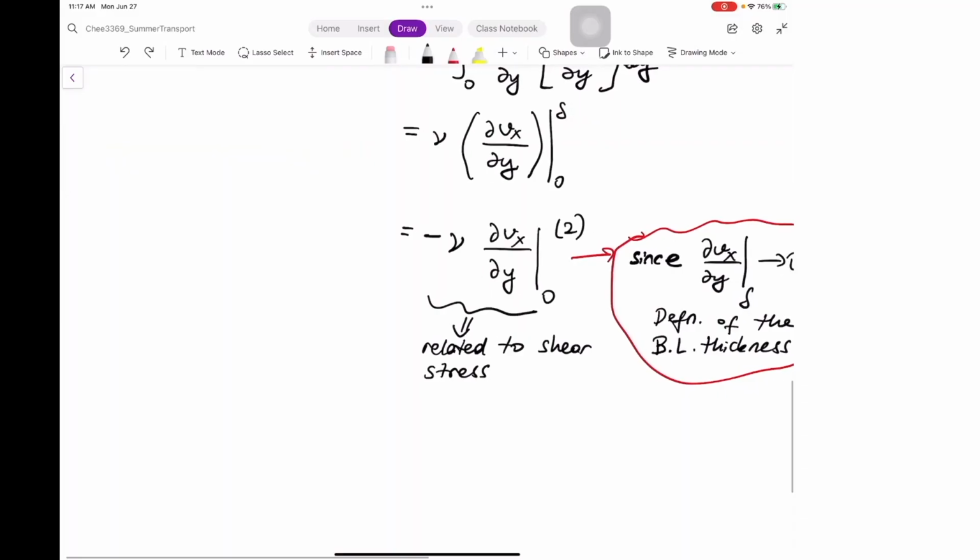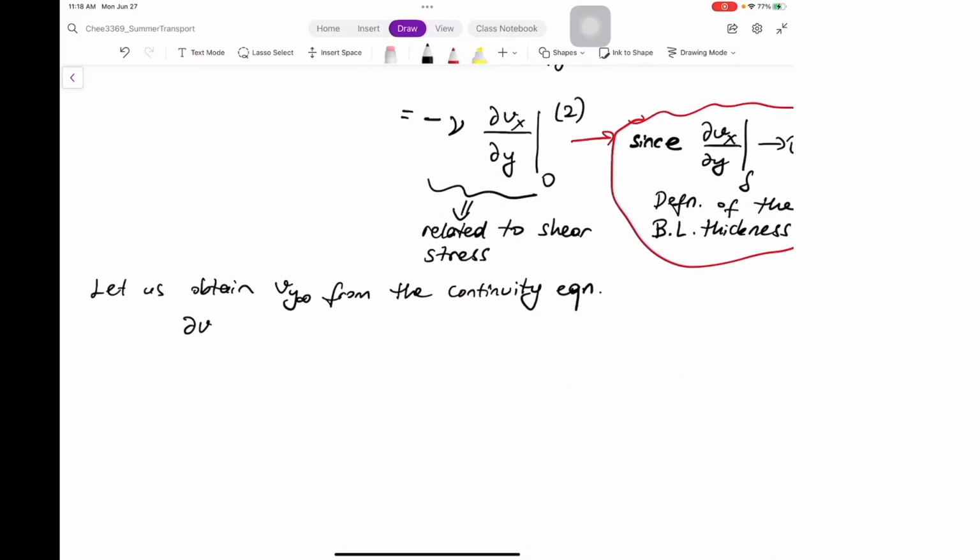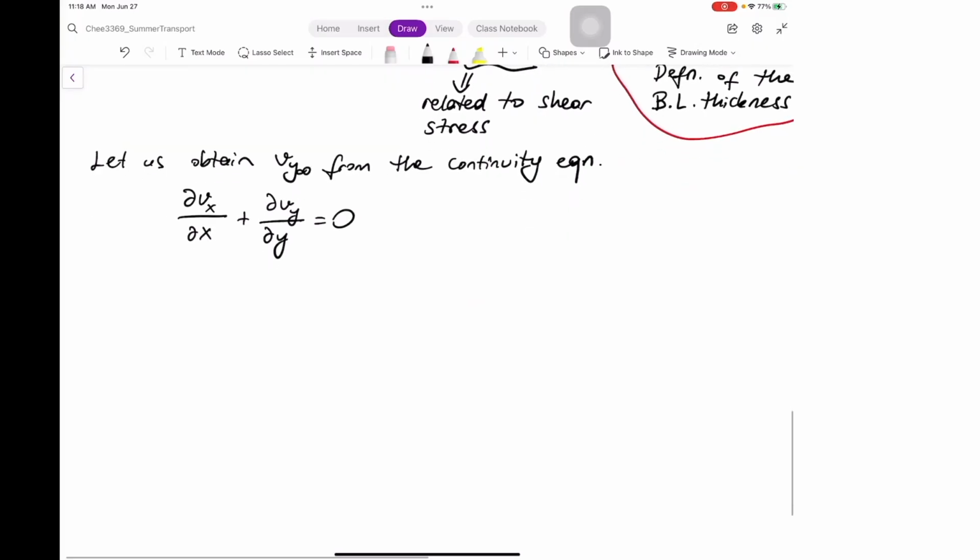Okay, now let us obtain the Vy infinity from the continuity equation. del Vx over del x plus del Vy over del y is equal to 0. Let's multiply by dy and take the integral similarly.